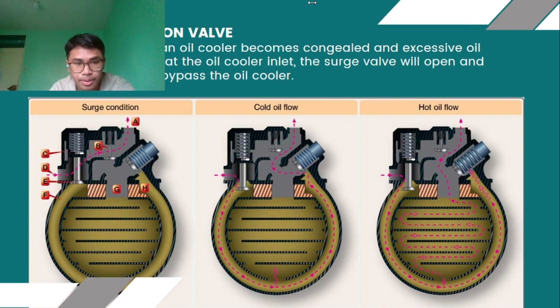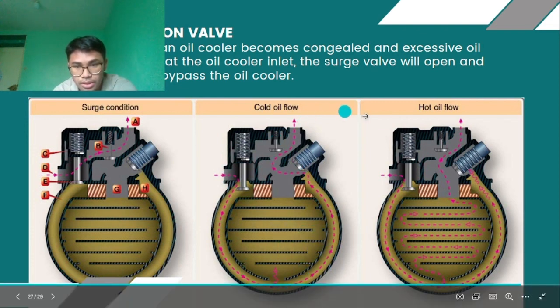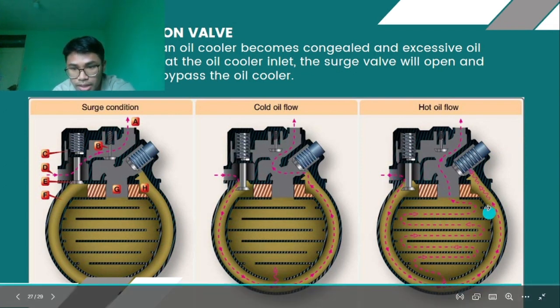So, surge protection valve. So, kung kanina is may bypass valve, ngayon naman is surge protection valve. So, ito yung surge protection valve na sinasabi natin. Itong nasa unahan. So, pag surge condition, pinapadaloy niya lang dire-diretso. And if cold naman is pinapaikot niya. Sabi ko nga sa inyo is dito. Tapos pag hot oil naman, close yung bypass, close yung surge valve. So, dito dumadaloy sa gitna ang ating oil.